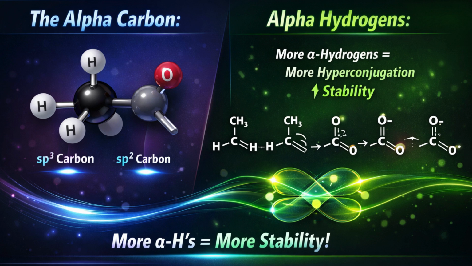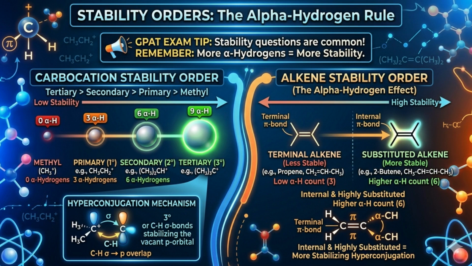Second, alpha hydrogens. The more alpha hydrogens you have, the more hyperconjugative structures you can draw, and that means greater stability. Think of each alpha hydrogen as a helper. More helpers means the load gets distributed better. Always remember this rule: more alpha hydrogens means more hyperconjugation, which means more stability. In exams like GPAT, stability questions are very common, so pay close attention. Here's the golden rule: more alpha hydrogens means more stability.